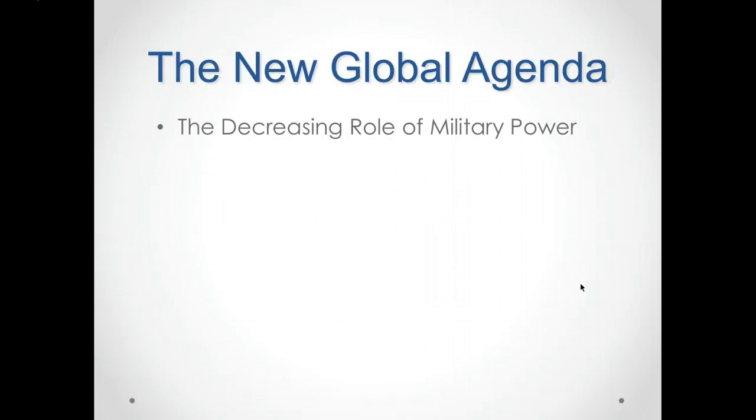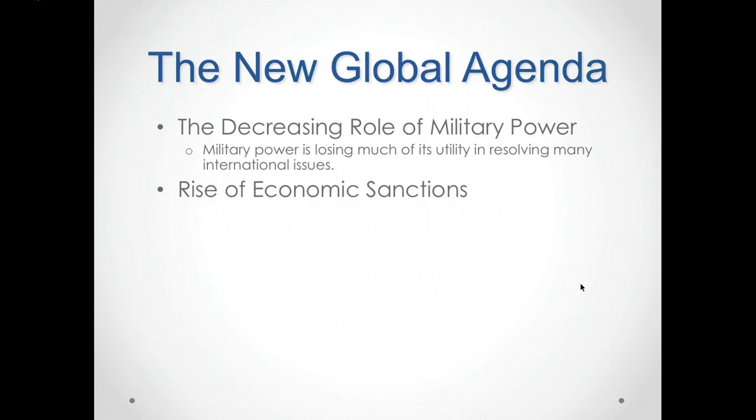Currently, there's a decreasing role of military power, and military power is losing much of its ability to shape foreign policy. That's primarily because it is so disruptive for economic purposes. In America, in our policy formulation, we have corporations who play a very large role in the U.S. Chamber of Commerce.